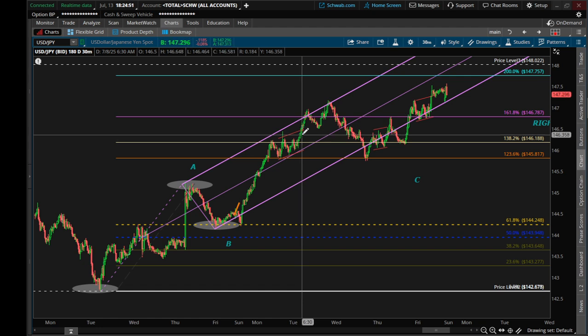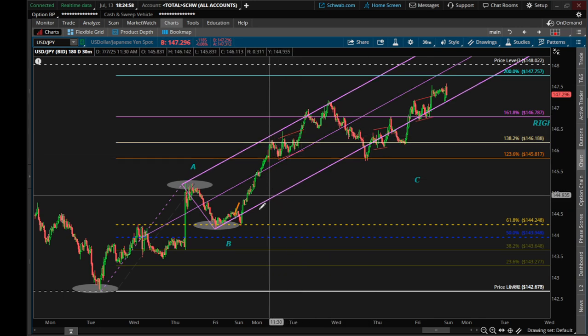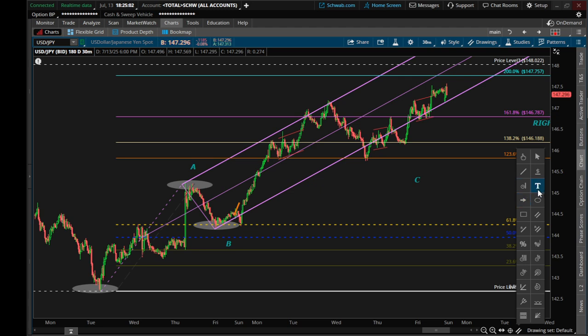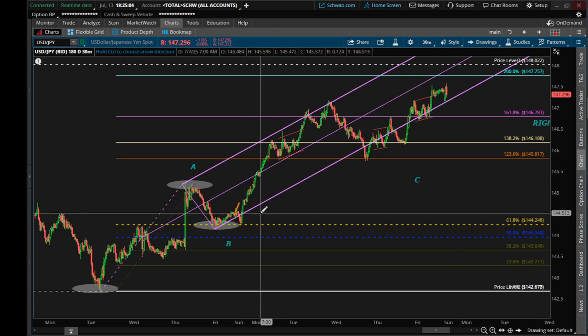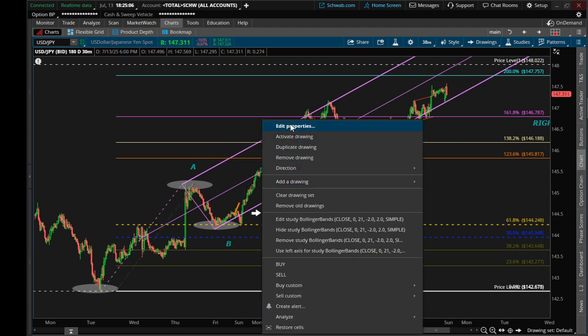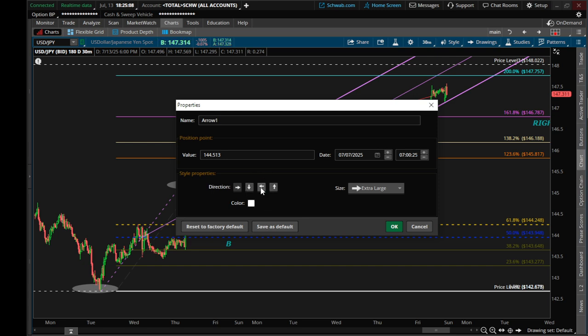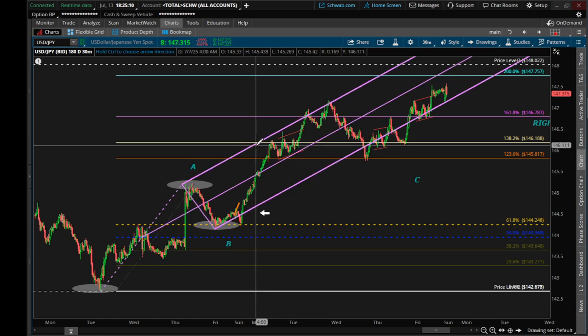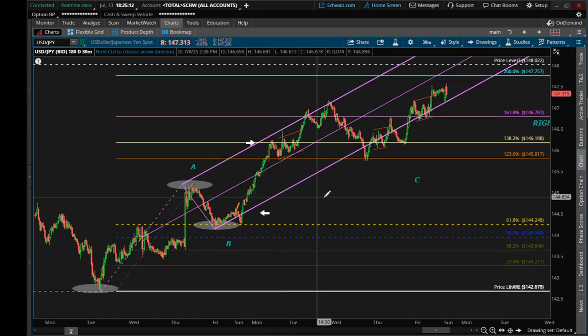I guess until you get familiar with the 3 swings, you can't say, okay, well, I got in here at 144.5. I'll put an arrow for the entry, and then exit here at the 138.2 retracement.